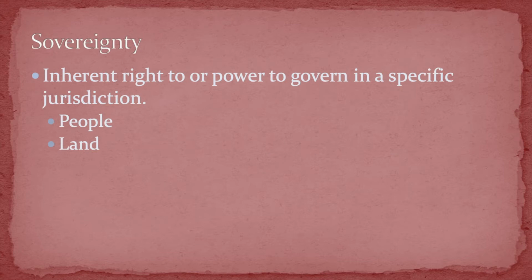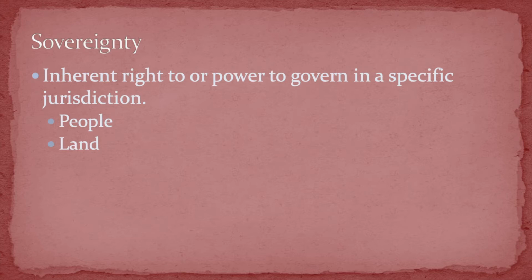So again, a reminder that we will be talking about tribal sovereignty later in this presentation today, but a reminder that sovereignty is the inherent power. It's not granted by anyone to that sovereign authority. They have derived that organically, naturally. They have the authority to govern over their specific jurisdiction.